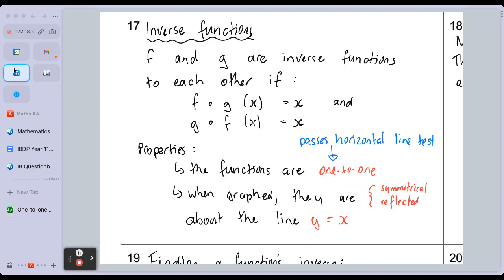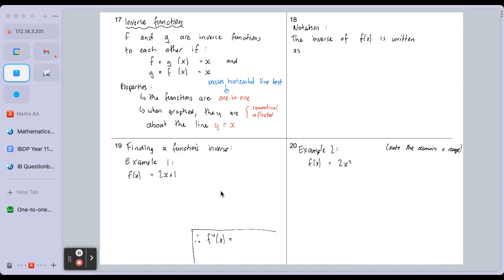All righty, a bit more notes. I'll zoom out so you can sort of see a bit more. So notation, the inverse of f of x is written as f to the minus 1 of x. Just that, okay?